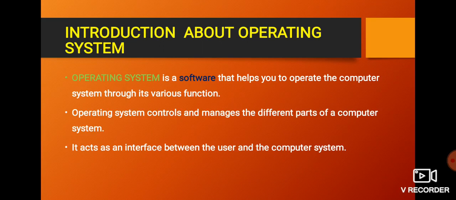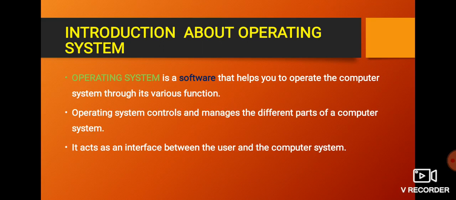Just now we recalled that operating system is an example of system software. It manages the application software and computer systems. Operating system controls and manages the different parts of a computer system. It acts as an interface between the user and the computer system. Interface means a connection or interlinking, the program that joins one device or system to another. We call it an interface. It's an interface between the user and the computer system.